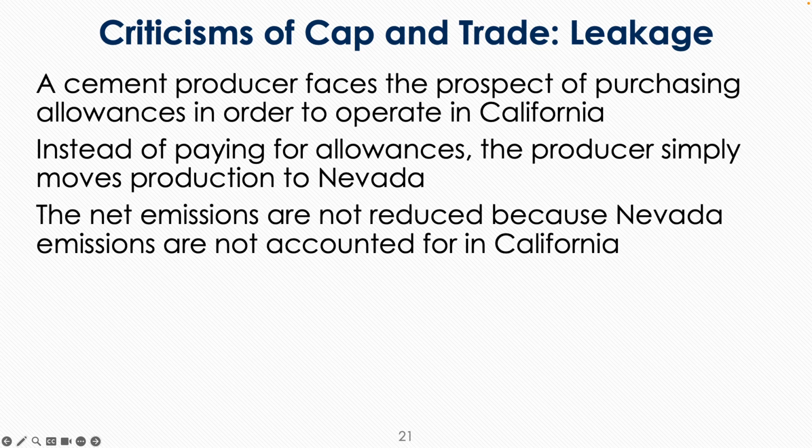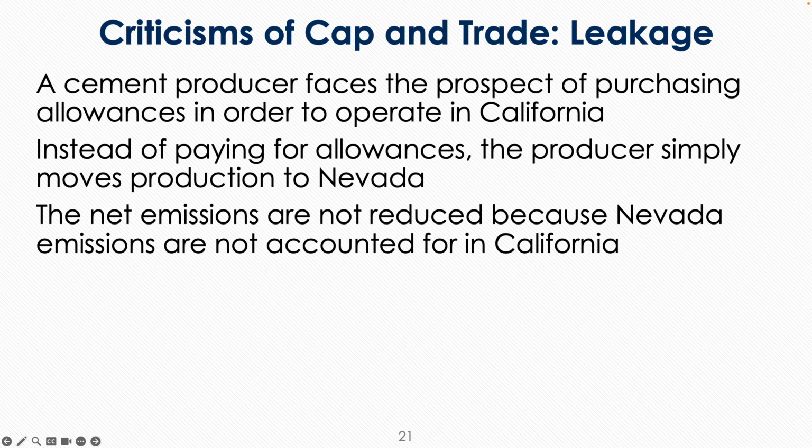So when we think about the emissions implications, we're talking about greenhouse gases, right, with carbon. It doesn't matter where you emit it; it will affect the climate globally. And so it reduces local GHG emissions in California, but on net may not actually be decreased, because you end up just shifting those emissions from California out to Nevada.